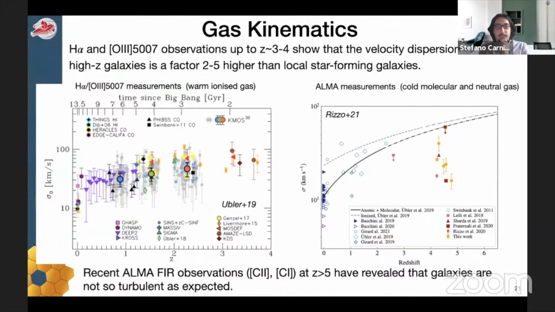With H-alpha, we are going to trace the warm ionized gas, while with ALMA, we mainly trace cold gas. So the idea is with the GTO to extend the work up to redshift, even 7, and see if we rule out or support the current scenario suggested by ALMA observations.